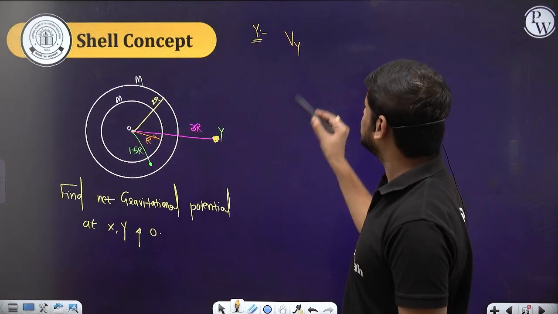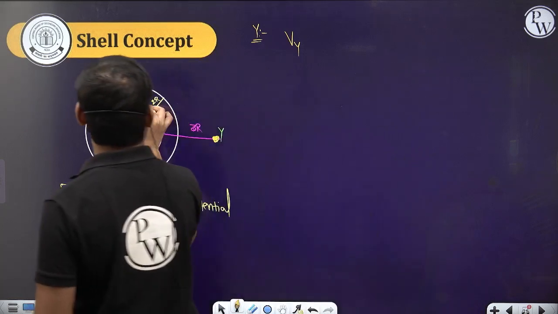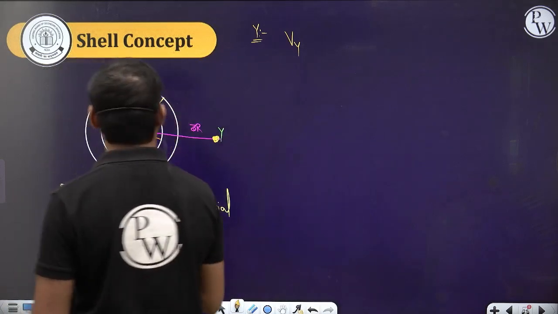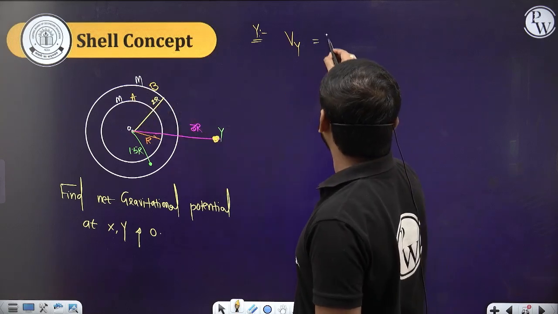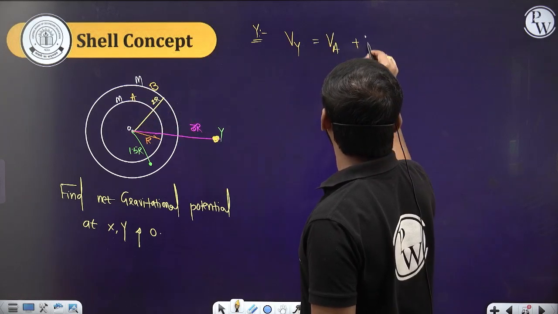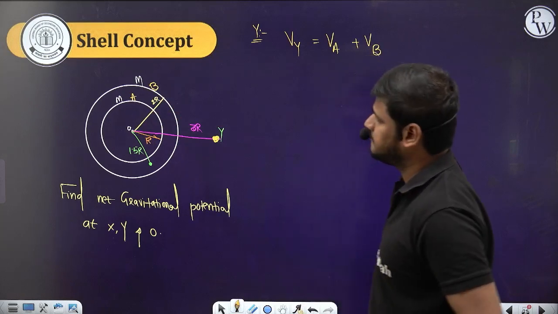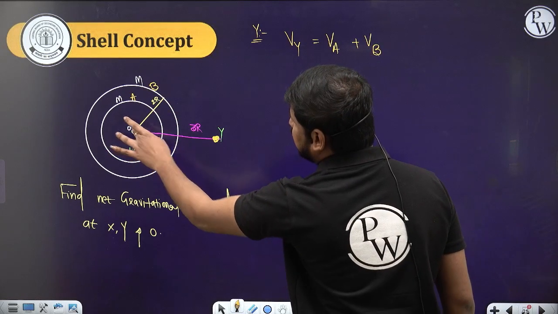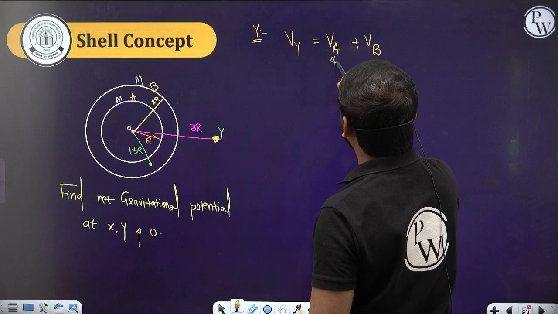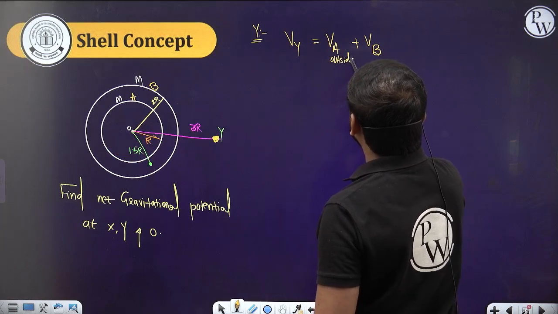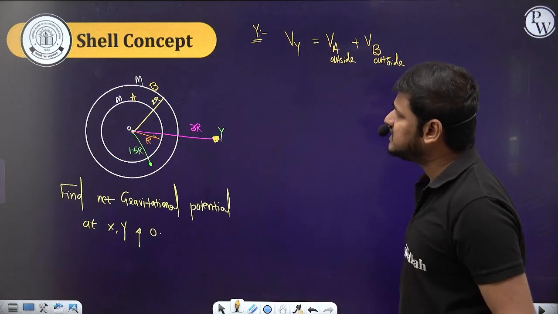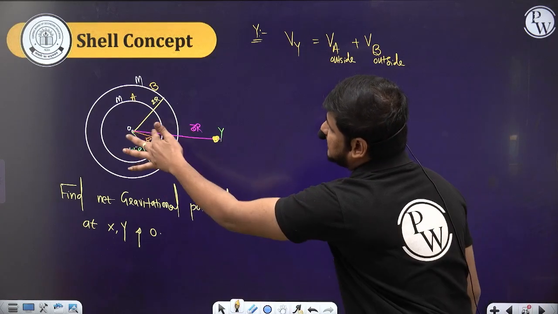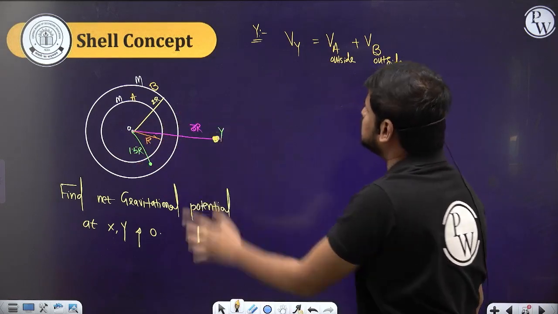Let it be A, let it be B. So the potential due to A will be there, and potential due to B also will be there. For shell A, it is outside, and for shell B also it is outside.